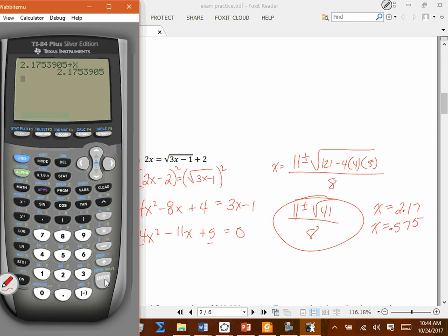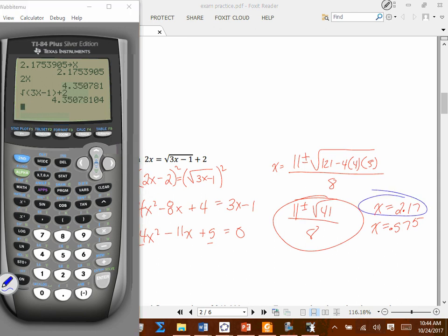Hit enter, and that's what it gives me. So now I'm going to figure out what 2x is. I just type in 2x, and it gives me that quantity back. Now I'm going to type in what the square root of 3x minus 1 plus 2 looks like. I get that number back, and we're seeing that those two numbers are the same. So what's nice about that is that tells me that is an actual solution.